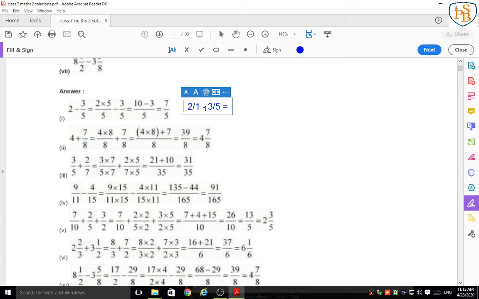So we multiply the first fraction with 5: 2 into 5 upon 1 into 5 minus, and as the denominator here is already 5, it is not necessary to multiply the second fraction with any number, so we write the same fraction, that is 3 upon 5. So 2 5s are 10 minus 3, and the denominator is already equalized, so upon 5. We get 10 minus 3 is 7 and the denominator remains the same, that is 5. So the answer of our first question is 7 upon 5.